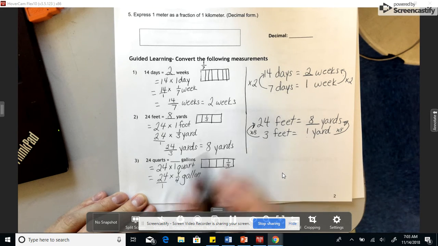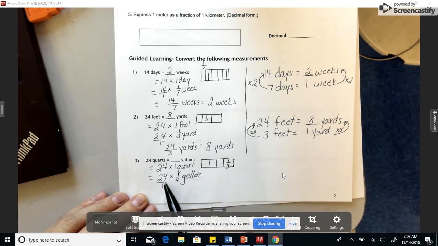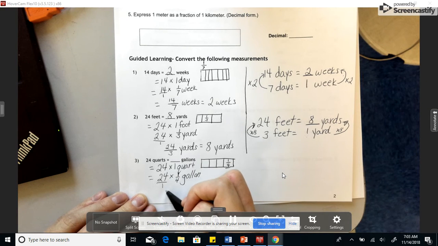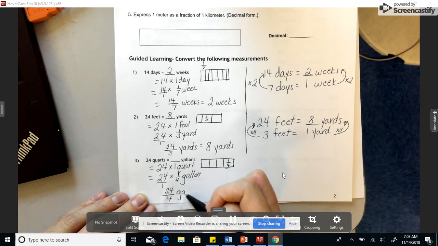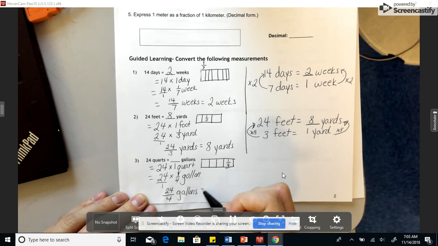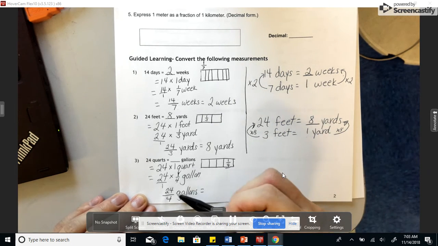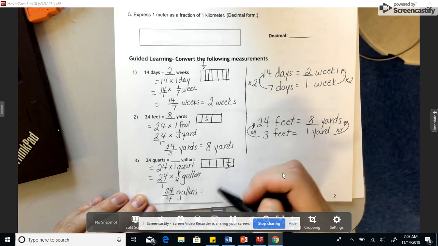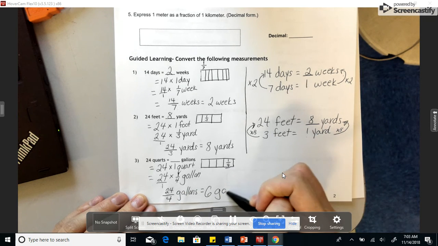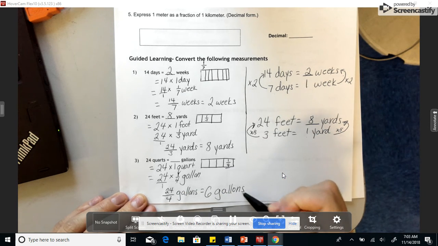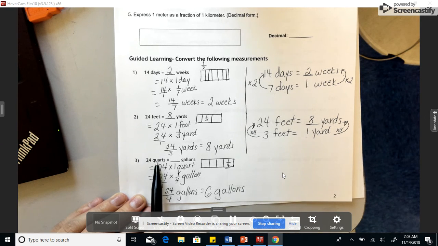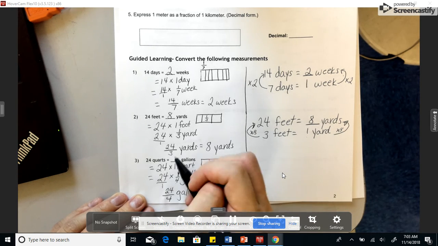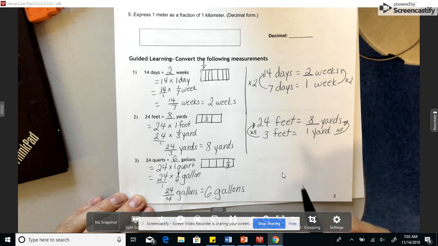Now I multiply across. 24 times 1 is 24. 1 times 4 is 4. So this is gallons. Now I just divide. 24 divided by 4 is 6 gallons. So I know that 24 quarts is equal to 6 gallons.